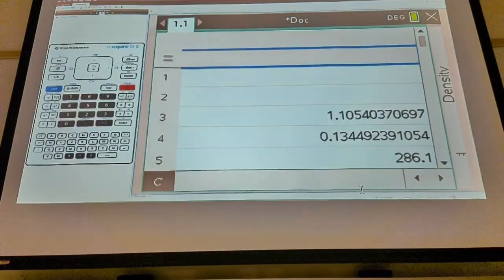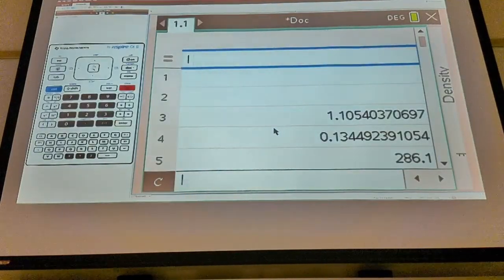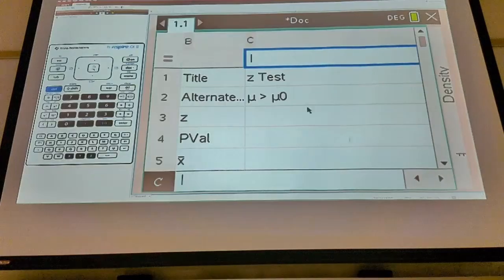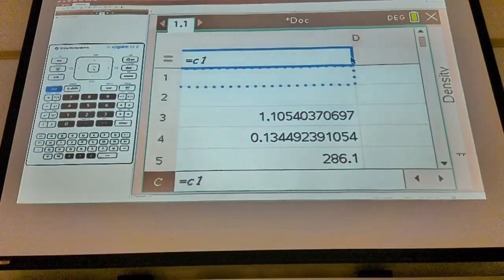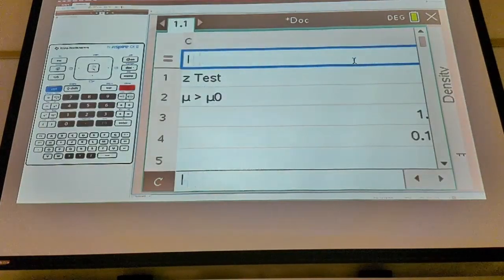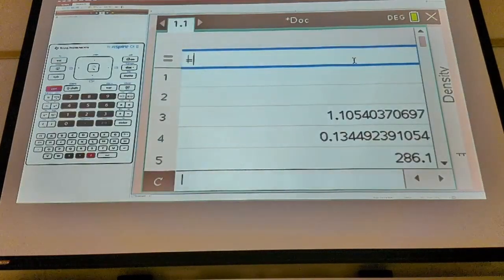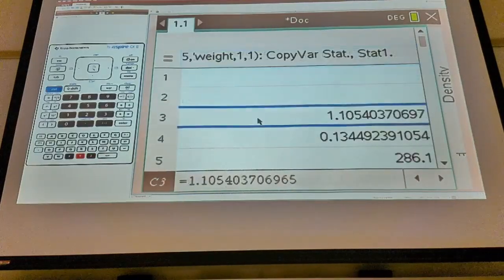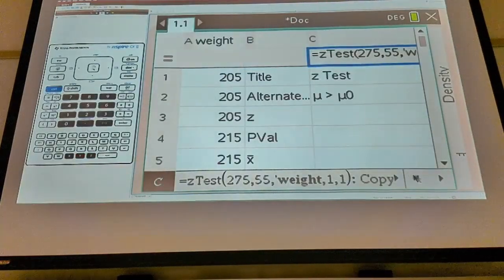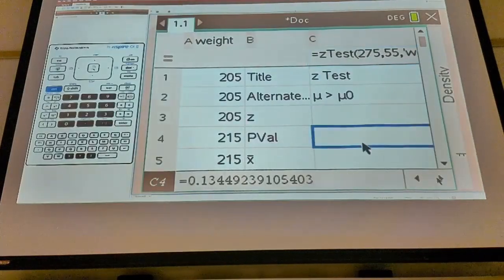You can just go away. You may have to go back and unshade it. So this is the p-value I want right here, row 4. Let me highlight that.